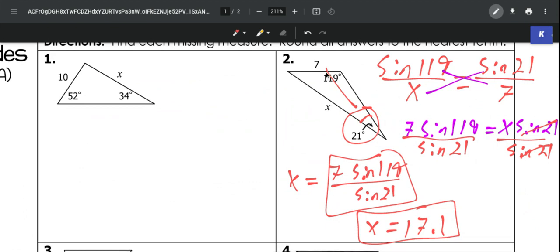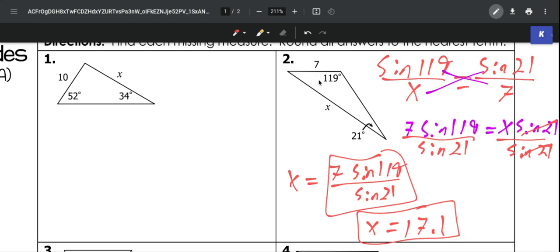As long as you take one of your angles, make it sine of that angle, and then make it equal to sine of the other angle, your denominators will come from the opposite sides of whatever your angle measures are. Now, we'll look at one where it doesn't work out nicely, but it's not a hard part to deal with. But most of the time, or some of the time, you're going to already be given the opposite side.